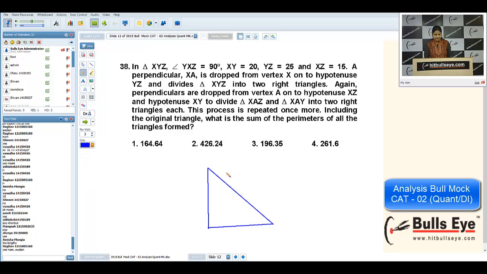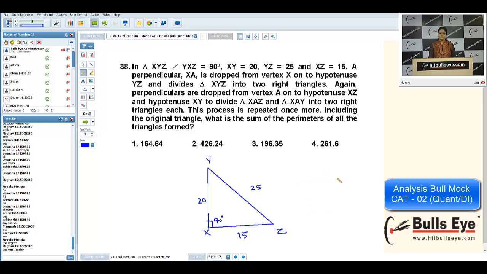Yes, in triangle XYZ, this angle is 90, which is X. This is Y. This is Z. What is XY? This is 20. YZ is 25. XZ is 15. Now what is asked?